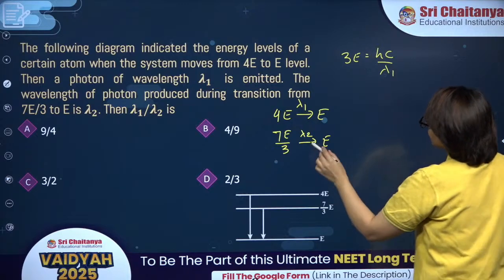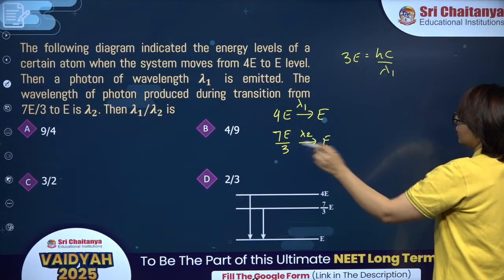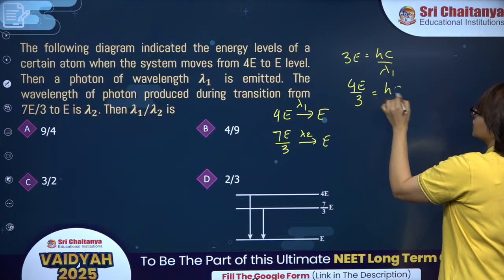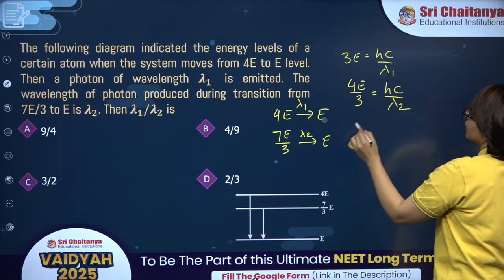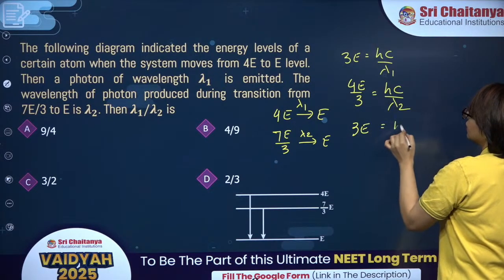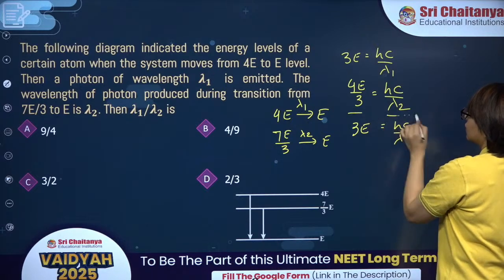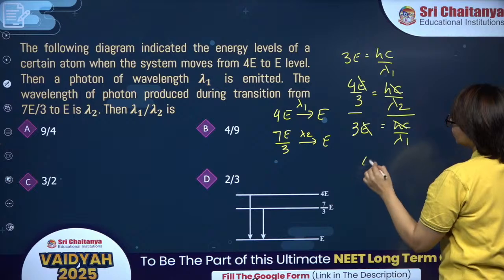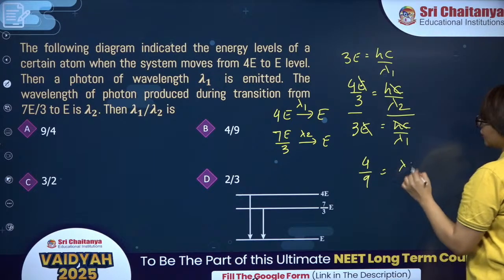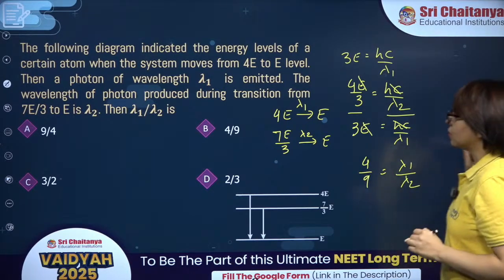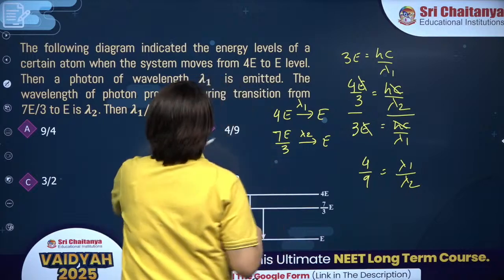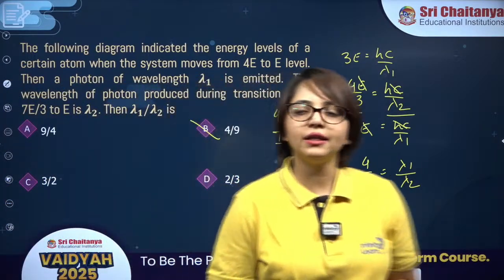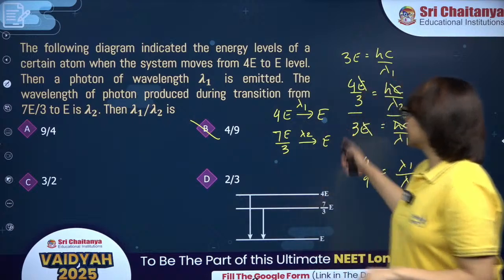In the second case, the energy difference 7E by 3 minus E is 4E by 3, which equals hc divided by lambda 2. So just divide; hc cancels, E cancels. So 9 upon 4 gives lambda 1 divided by lambda 2 as 4:9, which is option B. I hope it is clear now.